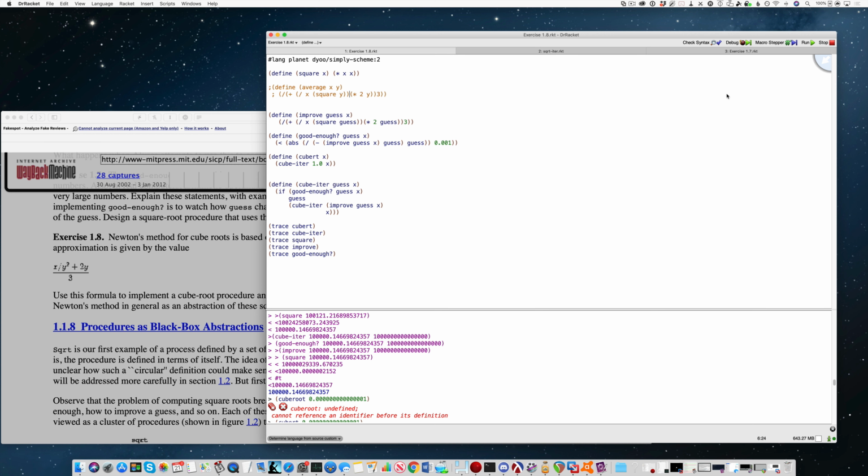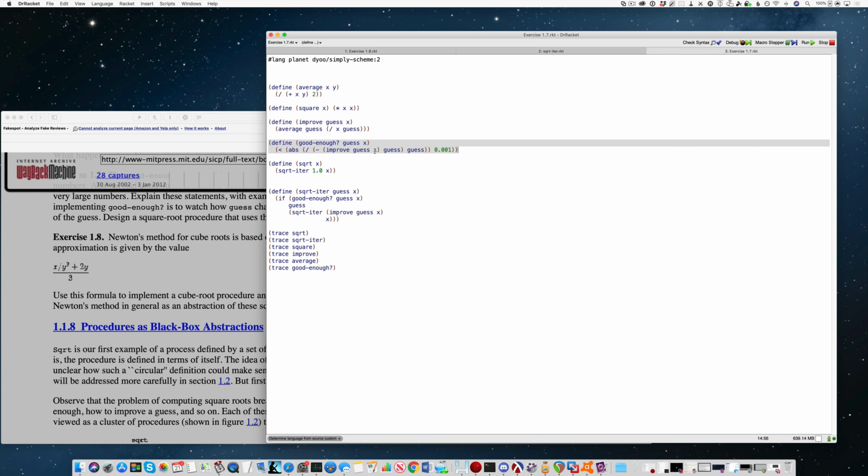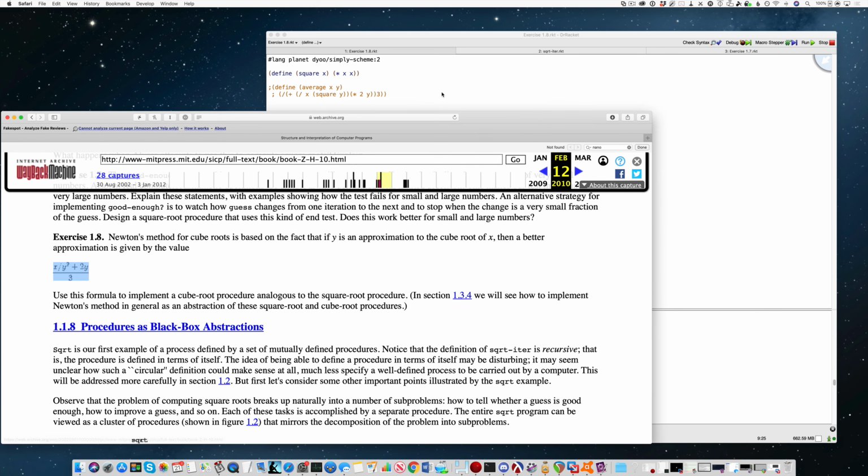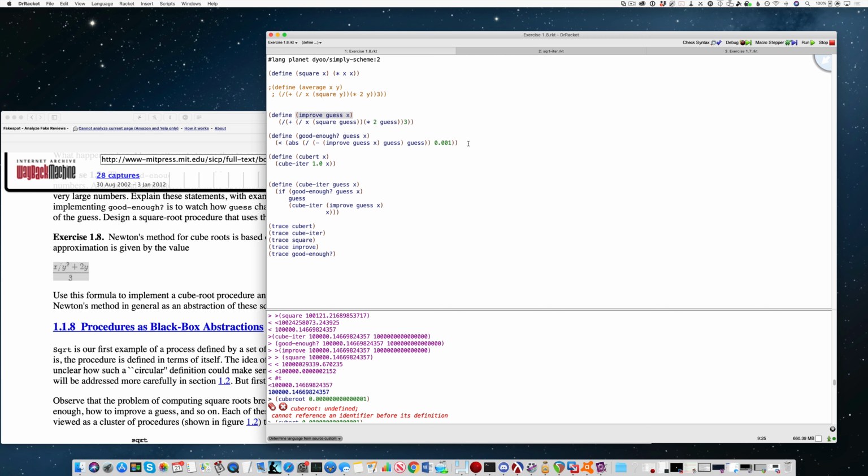All right, so basically what I did as my answer attempt is I started out with where I was in exercise 1.7, and then I commented out average, and I basically put this into the improve, and I put x instead of y.